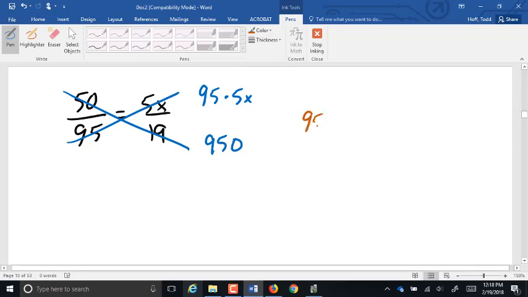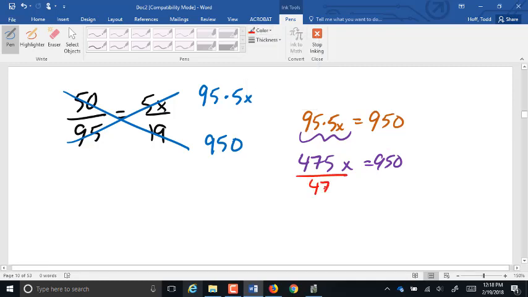So we have 95 times 5x, which is 475x, equals 950. And of course we divide by the 475. We get x equals 2.